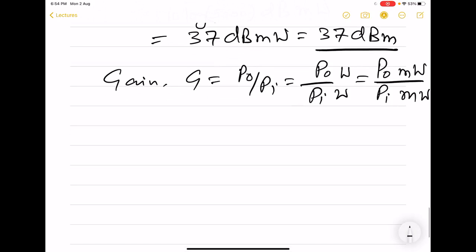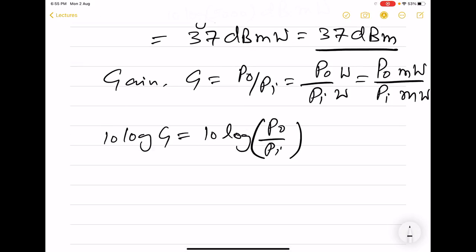So now if we convert this into dB, or gain into dB, what we get here is 10 log G equal to 10 log PO by PI.